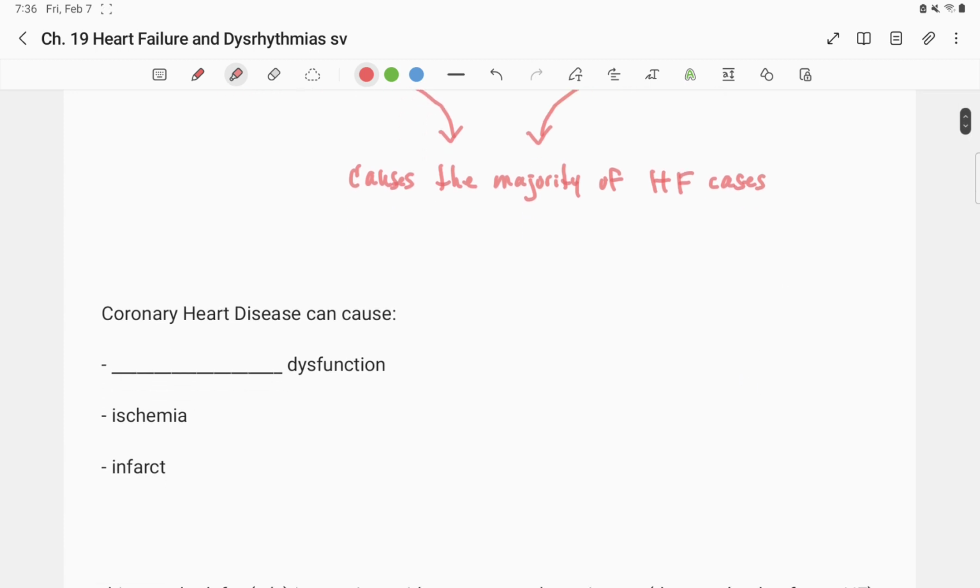Coronary heart disease can cause endothelial dysfunction.